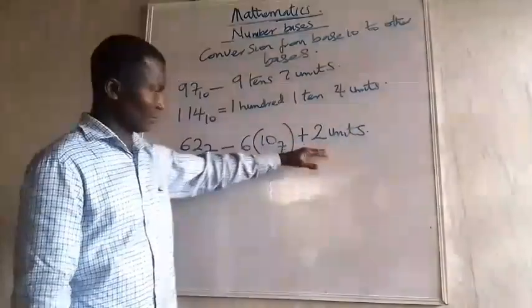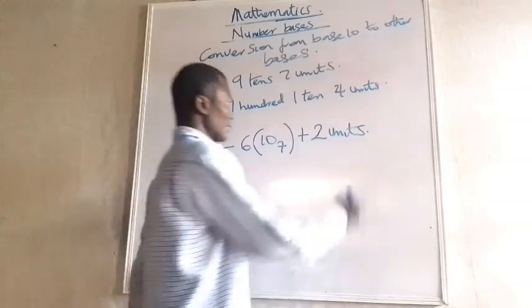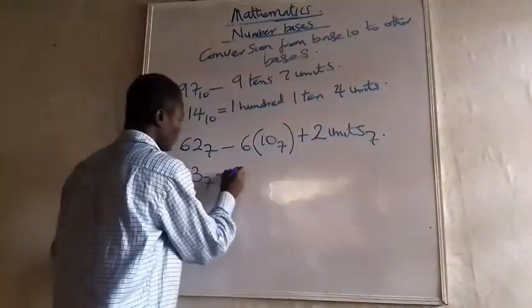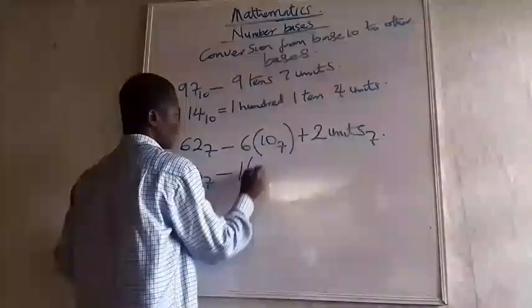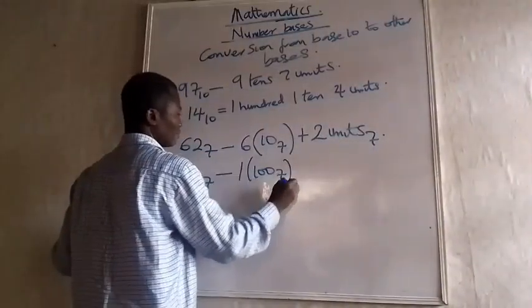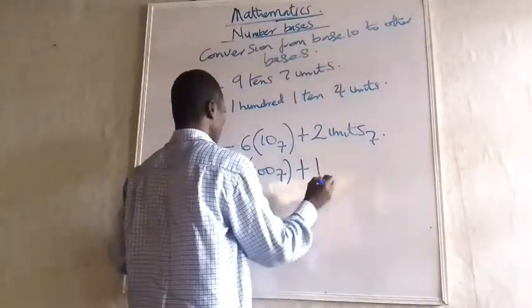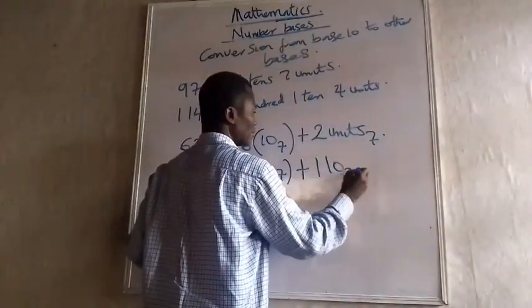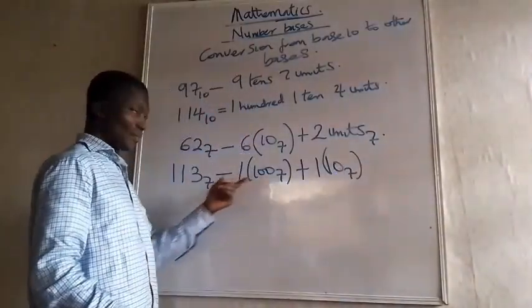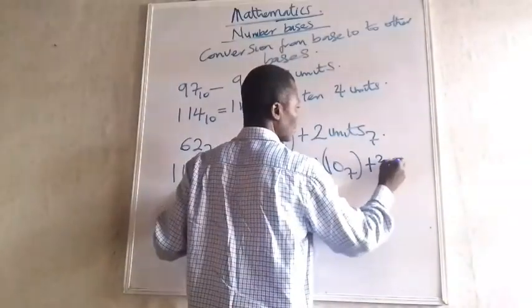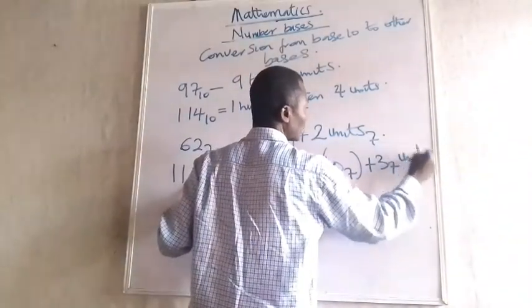Because it's not up to 7, it can be written like this. So this one too will be 1, 100 base 7. Take note: 1, 10 base 7, and 3.